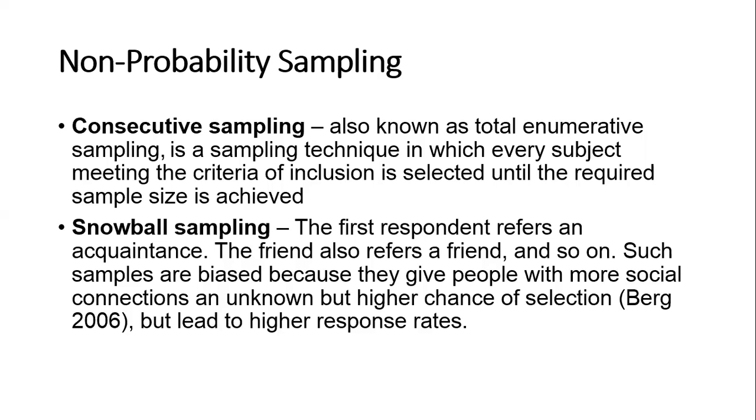Consecutive sampling is another one, also known as total enumerative sampling. It is a sampling technique in which every subject meeting the criteria of inclusion is selected until the required sample size is achieved. Just pick them consecutively.